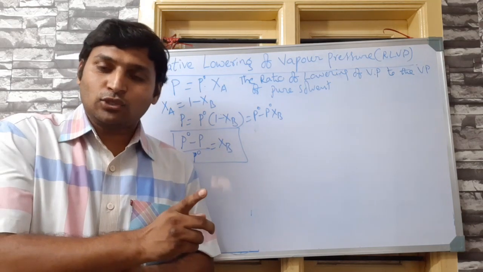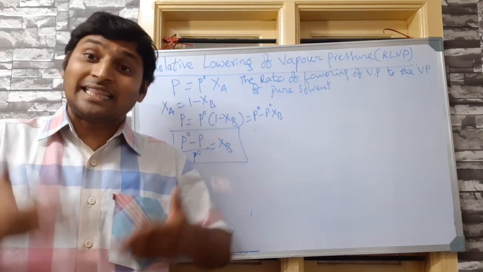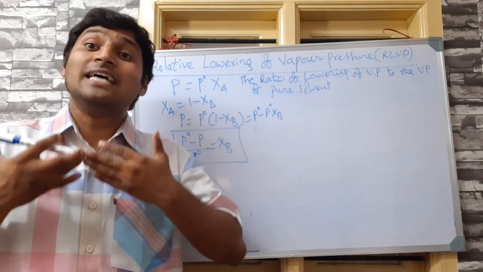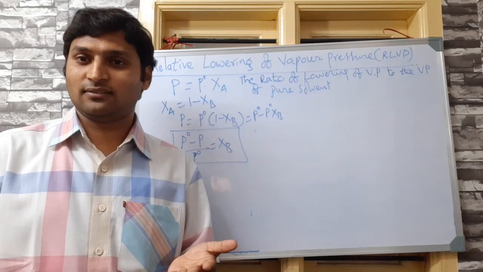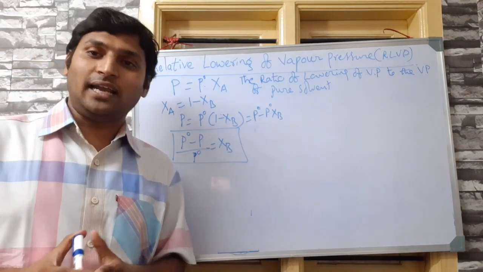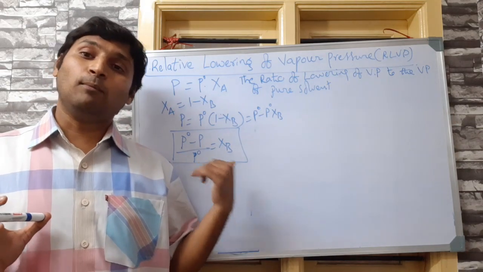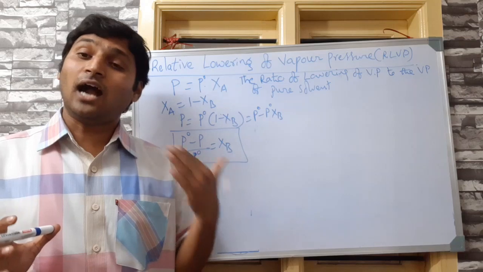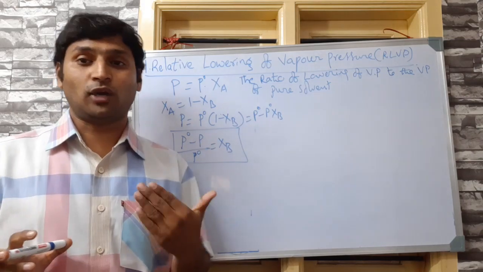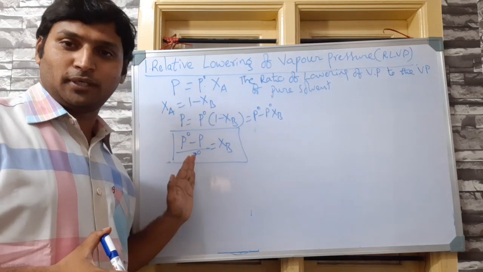In all three solutions, I ensure the mole fraction of solute is the same. Then the relative lowering of vapor pressure will be the same for all three. That's why relative lowering of vapor pressure is a colligative property. Its value depends only on the mole fraction of the solute, the total number of particles, not the nature of the solute.